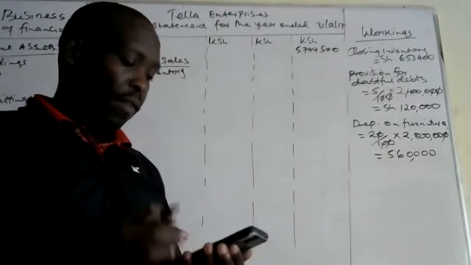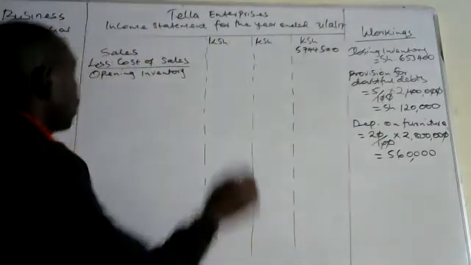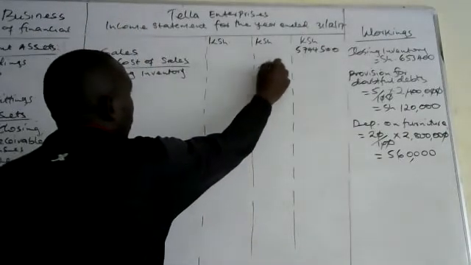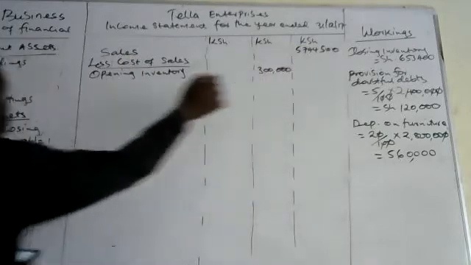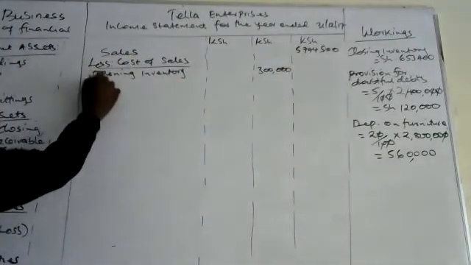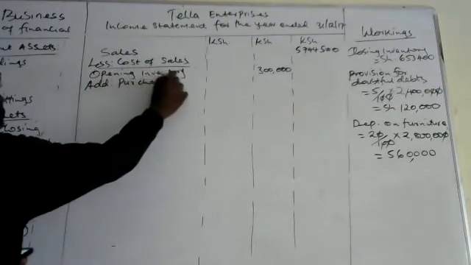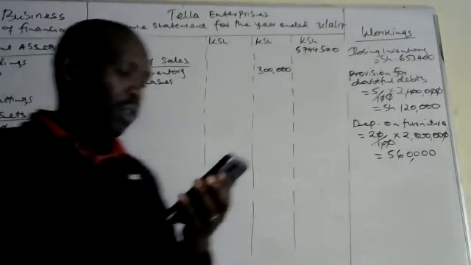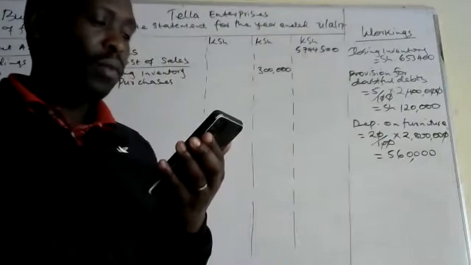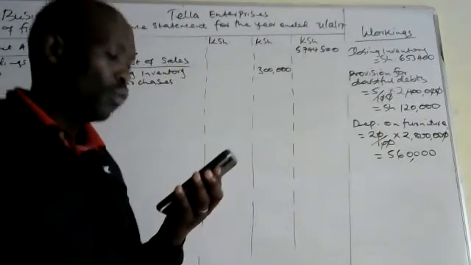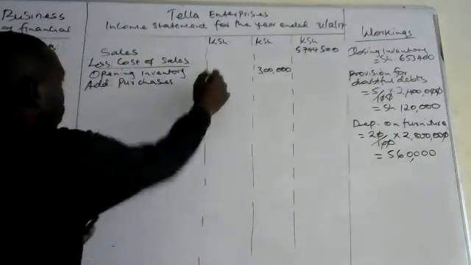So the opening inventory is 300,000. Put it in the middle column as we agreed. Then you'll come here and say, to that opening stock, we are supposed to add the purchases. But these purchases, because it requires some adjustments, we put it in the middle column first, 2,201,000.